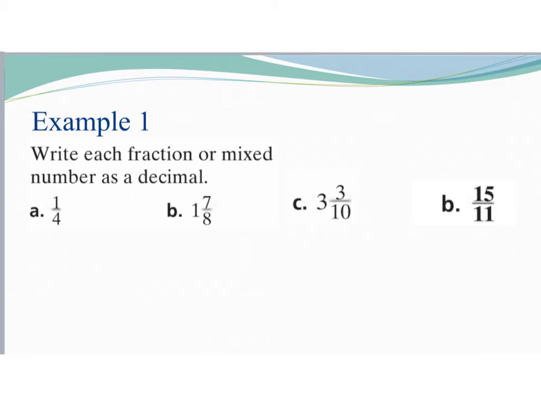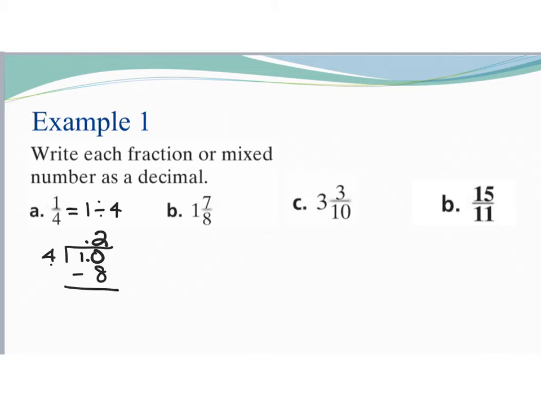So if you recall, 1/4 really means 1 divided by 4. So that means I'm going to put my 1 under the division bar and my 4 out here. Well, 4 can't go into 1, so I'm going to plop a decimal point in, and I'm going to put in a 0. Now 4 can go into 10 2 times. 4 times 2 is going to give me 8.